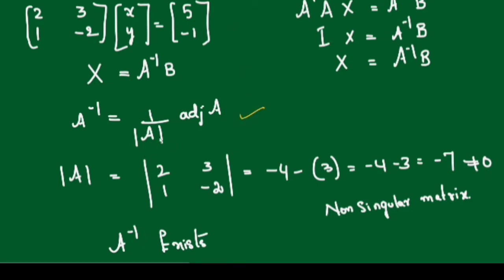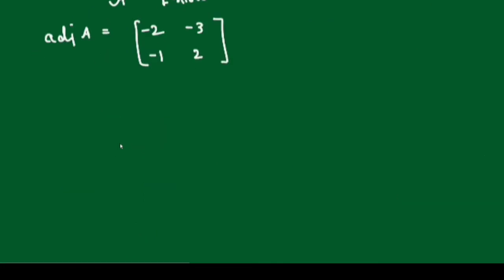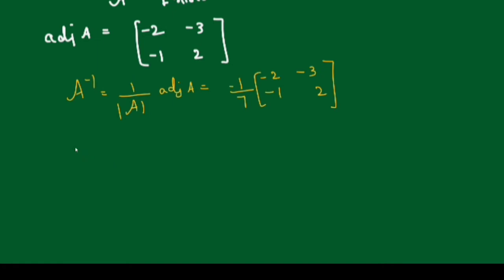Now we have to find A inverse. A inverse is equal to 1 by determinant of A into adjoint of A. That means 1 by minus 7, so I'll write minus 1 by 7 into minus 2, minus 3, minus 1, 2. This is A inverse. Finally, the X matrix.